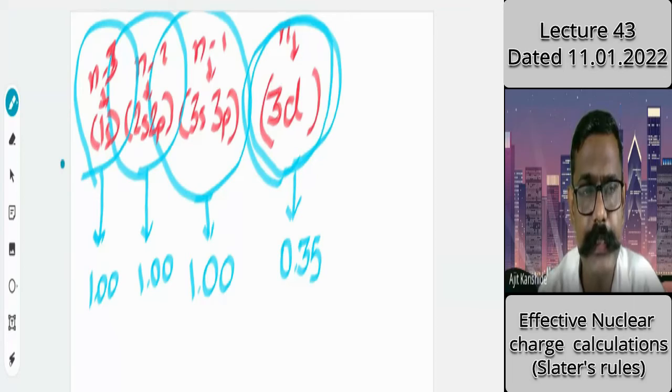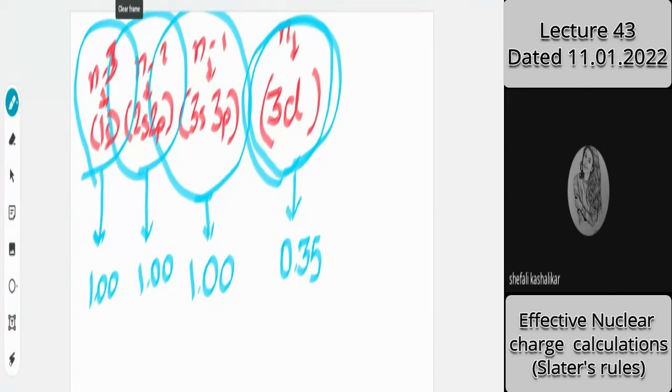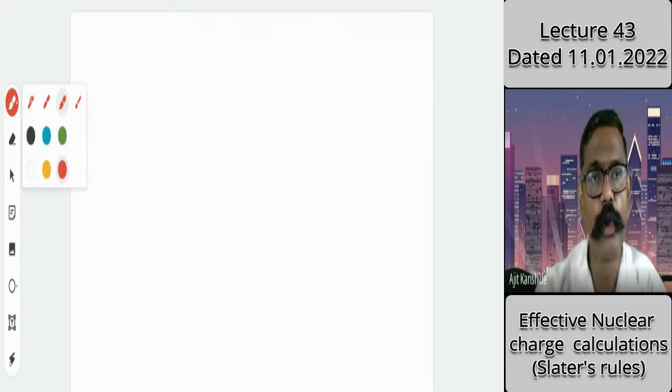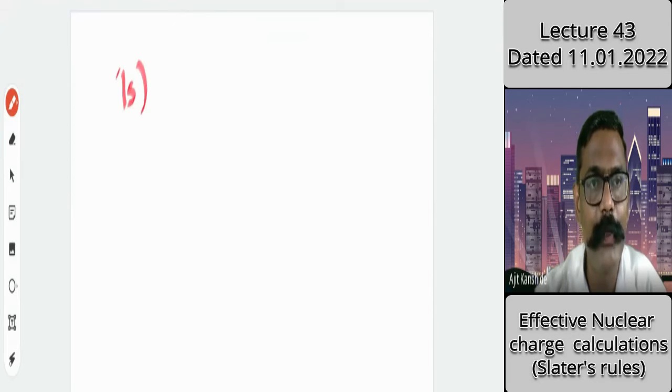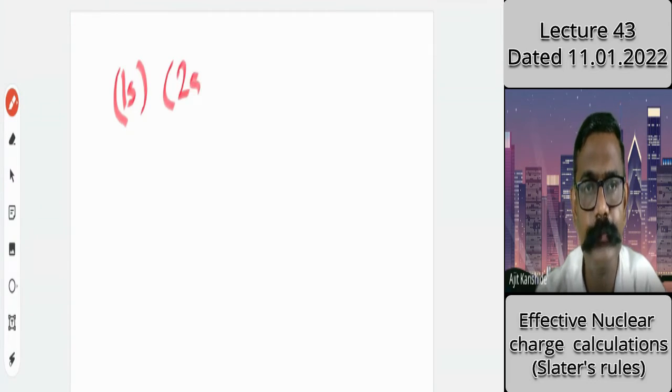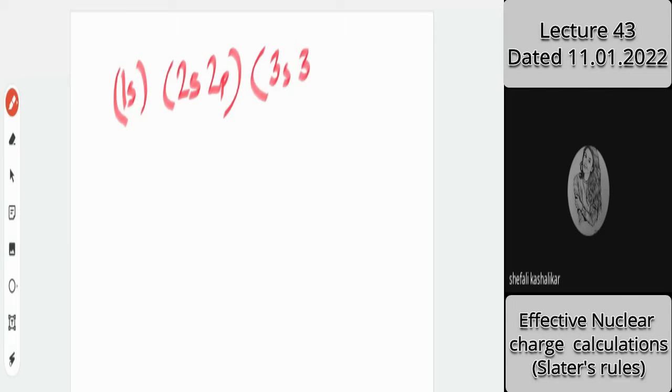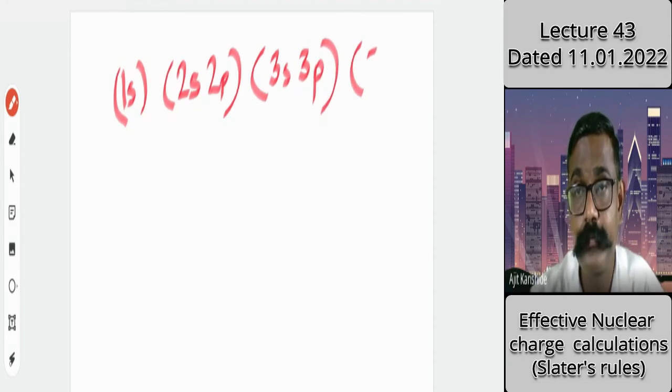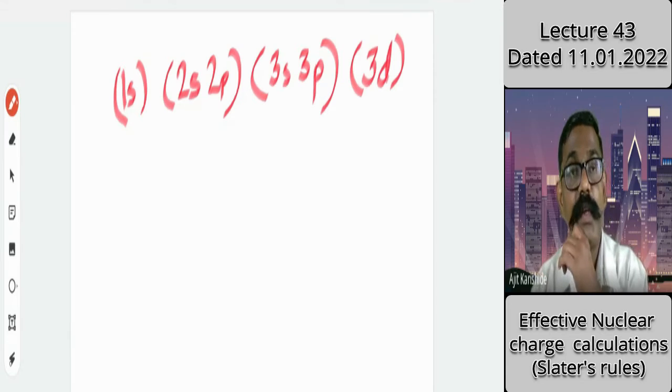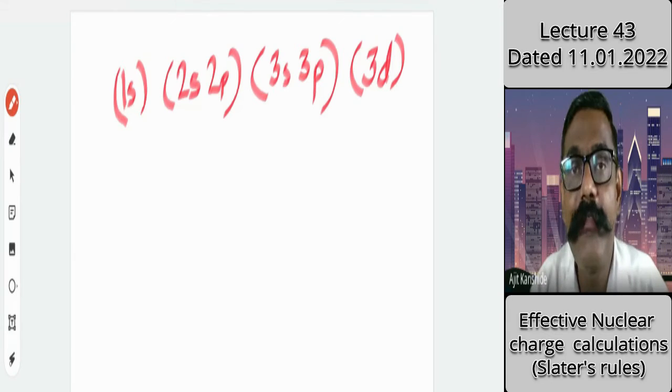Yes, students, is it clear or shall I give an additional example? Clear, sir. But sir, when will 0.85 come? Yes, I explained that. What are our groups? 1s is one group. Next group, 2s, 2p. Next group, 3s, 3p. Next group, 3d. Now the question was when that 0.85 will come.